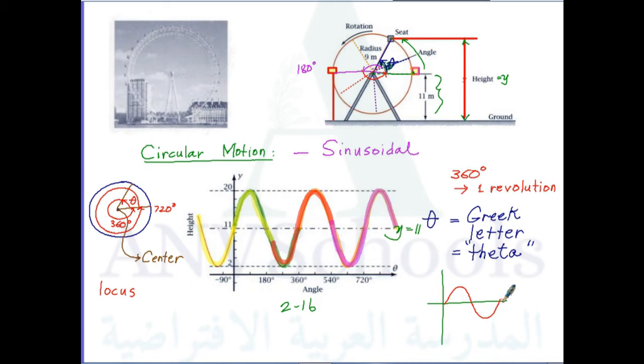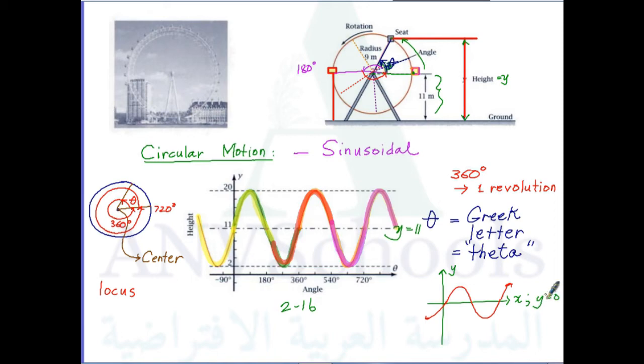The line of symmetry is in the x-axis, right? So x, y. But now we have a line of symmetry, which is y is equal to 11.